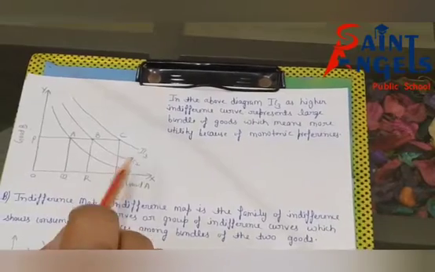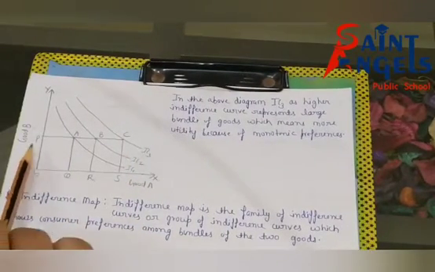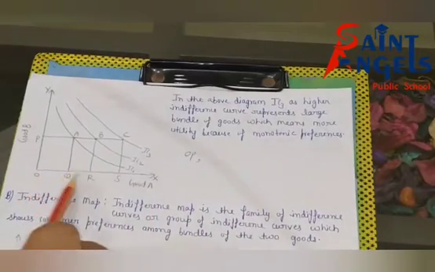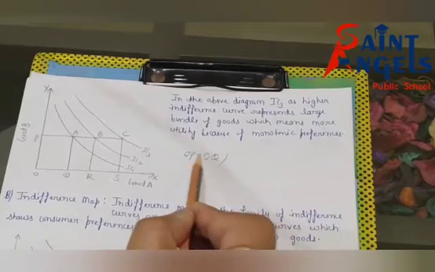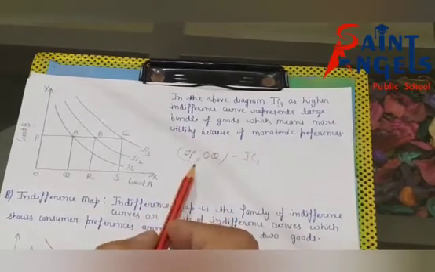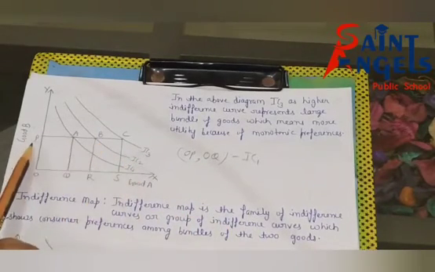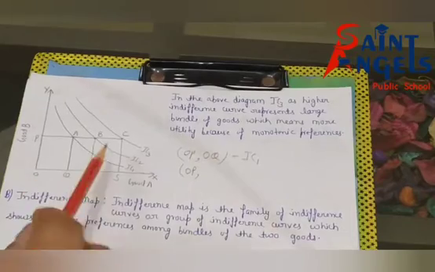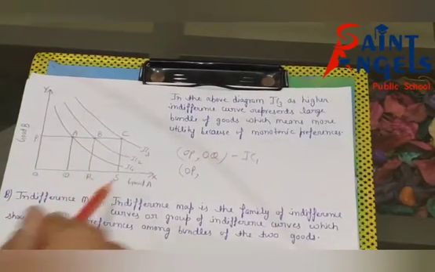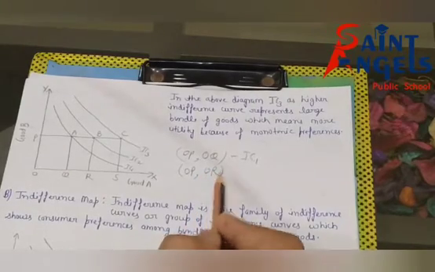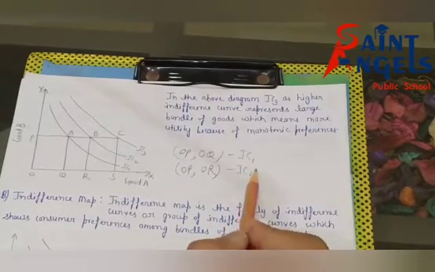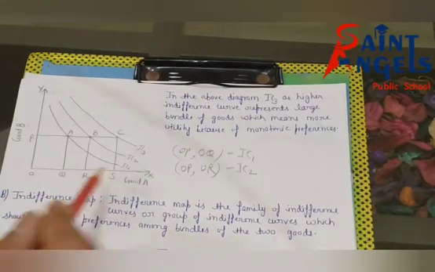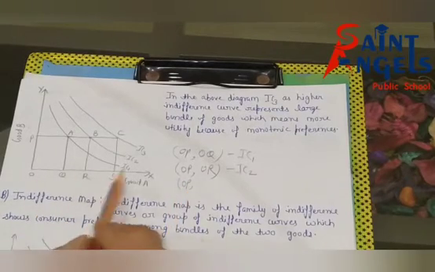According to IC1, consumer is consuming OP units of good B and OQ units of good A. According to IC2, consumer is consuming OP units of good B and OR units of good A. According to IC2 and IC3, good B will remain same, but good A will change, OP and OS.